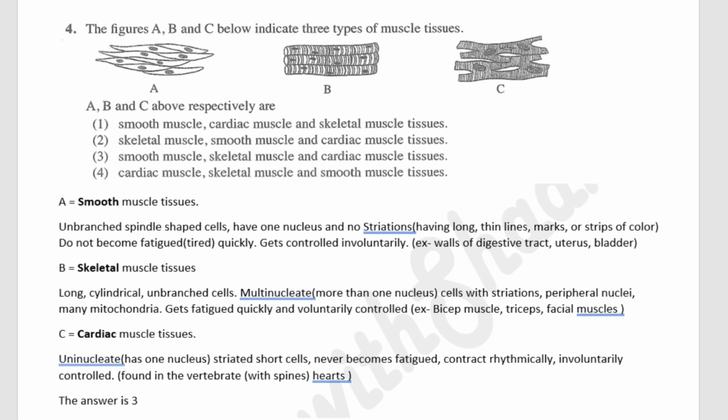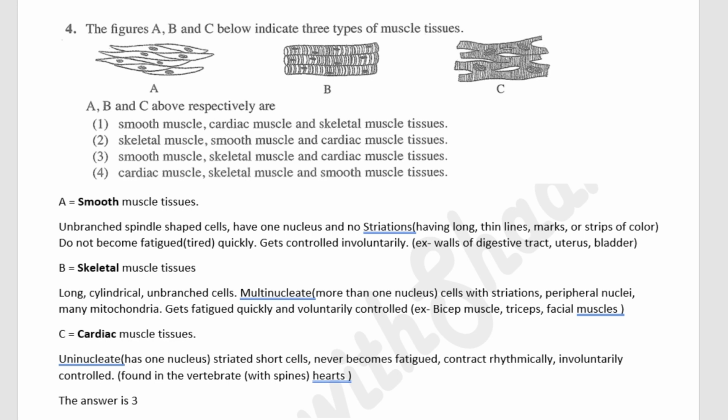These cells do have striations, which are like stripes, and peripheral nuclei, and many mitochondria. That's a very special mark: skeletal muscle tissues have many mitochondria. It gets fatigued quickly, and is voluntarily controlled. We can control skeletal muscle tissues by thinking about it.